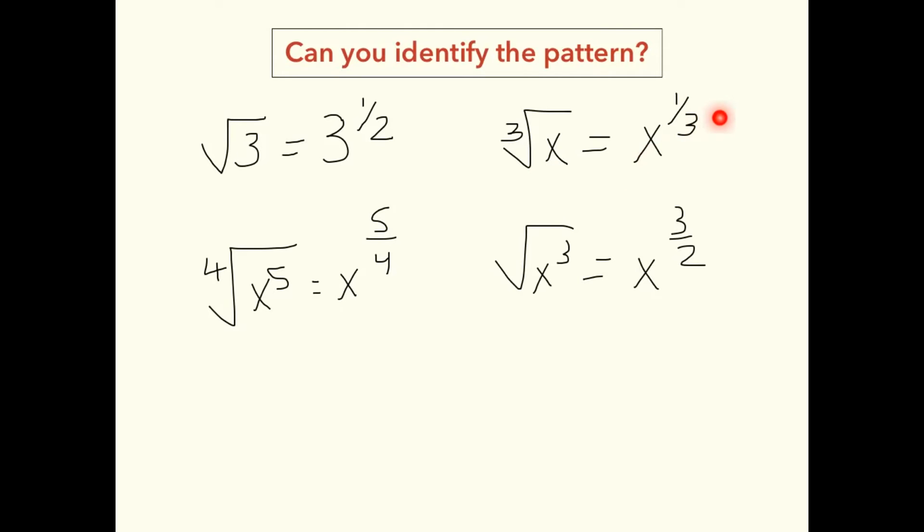So if we had the 9th root of x squared, then that is equal to x to the 2/9. That's where the 2 came from, and then the 9th root became the denominator here.